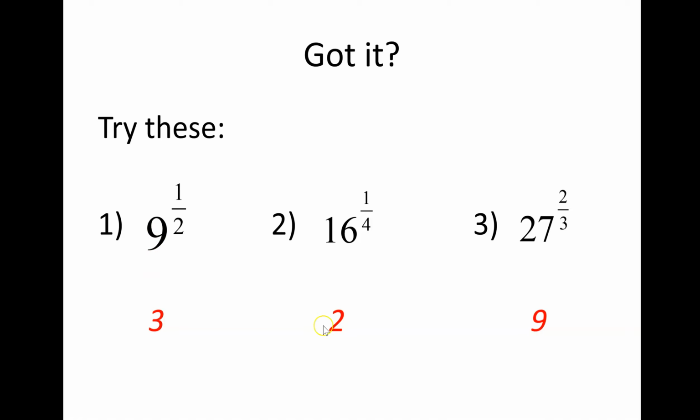Number 2 is 2, because this is asking for one of the 4 factors that multiply to 16. And so that would be 2, because 2 times 2 times 2 times 2 is 16. So if you had to think of a number that multiplies to itself 4 times to get 16, that would be 2. And this is asking for 1 out of those 4 factors. So only one of them is 2.